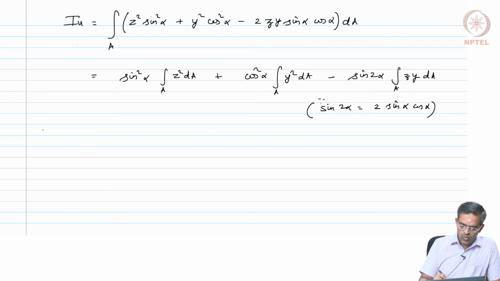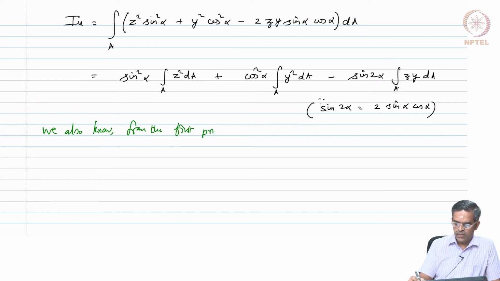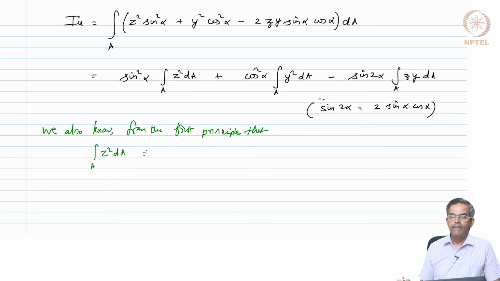We also know from first principles that the integral z square dA for the whole area A can be said as Iy, and the integral y square dA for the whole area A can be said as Iz.